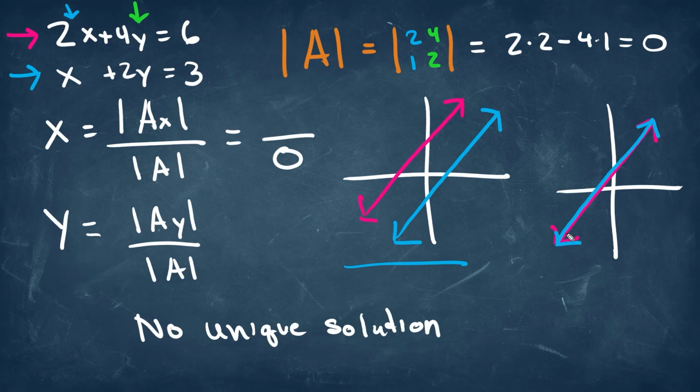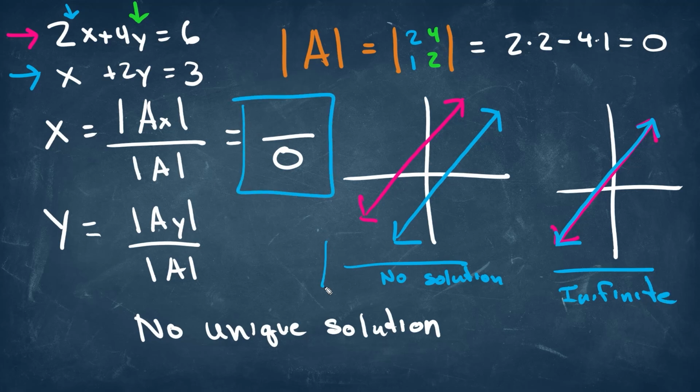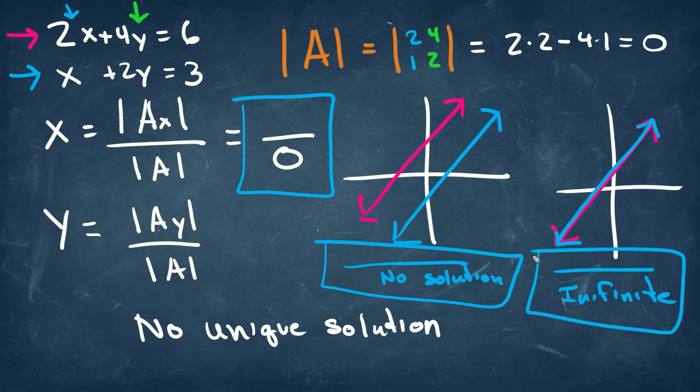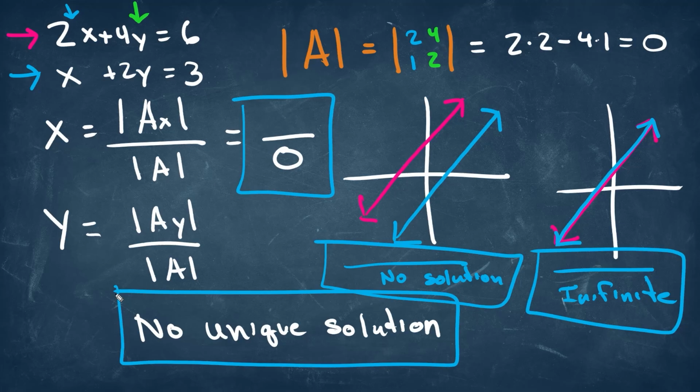Again, this means that you have infinite solutions. No solution, and infinite. From using Cramer's rule, we'll have something over 0, and because of that, we won't really know if it's a no solution or infinite solution, and because of that, for our answer, we'll just write no unique solution.